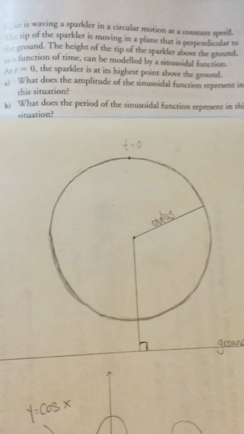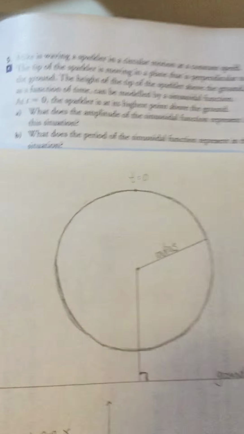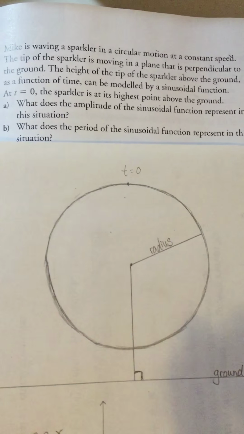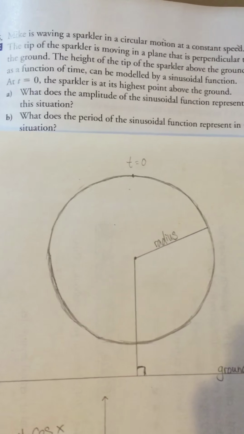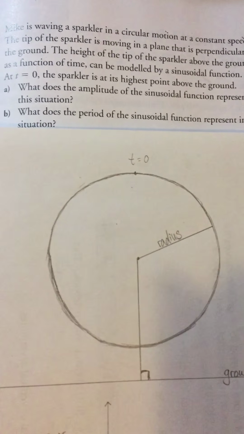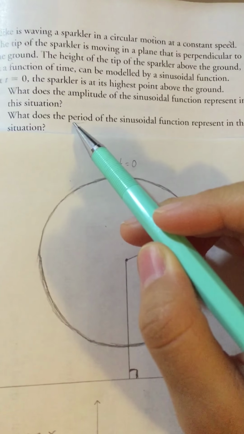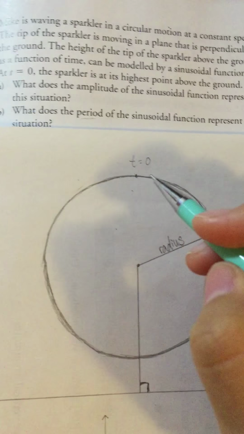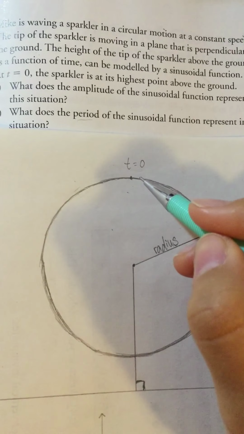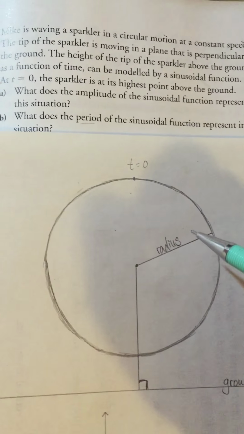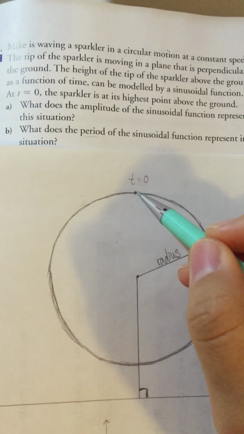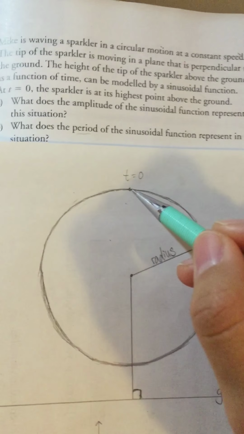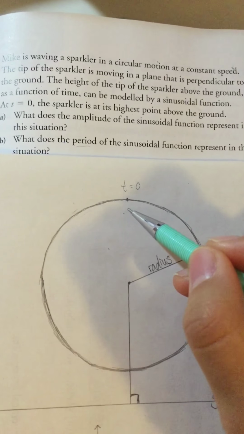The second one: what does the period of the sinusoidal function represent in this situation? If we have a look at the period, we can know that the time Mike takes to make one circle is the period, because he is waving the sparkler in a circle many times at a constant speed.